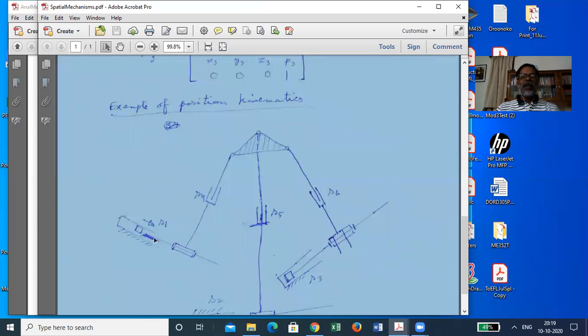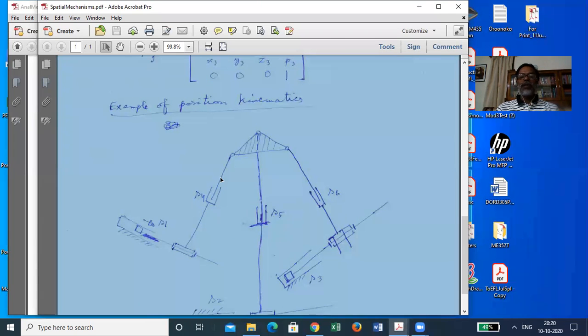If you lock this jack, then the base comes here. That's the position of this becomes fixed. It does not slide along this line anymore. Then this revolute joint remains. And this jack also you have locked. So now you see after the frame you have a revolute joint, then a spherical joint, because this is now a rigid body.